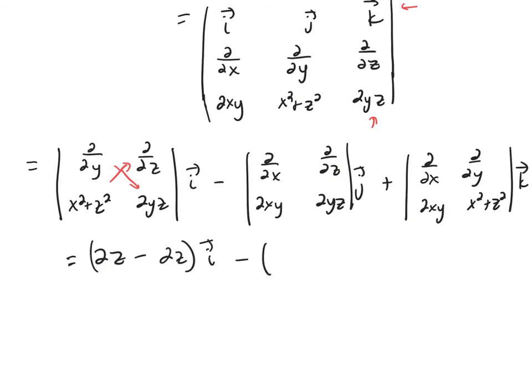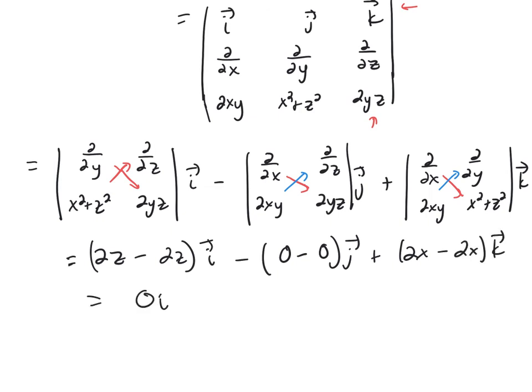Now I take the partial of x with respect to 2yz, there's no x there, so that's 0, minus, going the other way, the partial with respect to z of 2xy, well there's no z there, so it's also 0. The partial with respect to x would be 2x minus, then the other way, the derivative with respect to y would be 2x.